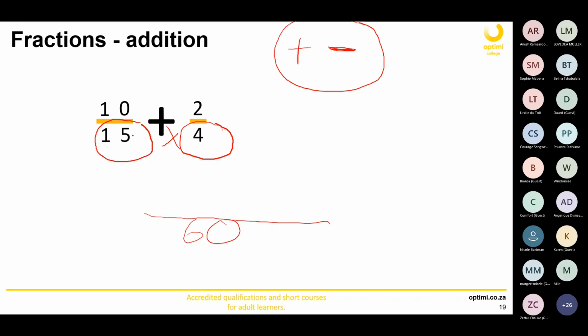And now I simply say at the bottom I multiplied by 4, so multiply by 4 at the top. 10 times 4 is 40. At the bottom I multiplied by 15, so multiply 2 by 15 is 30. And now what you're going to say, 40 plus 30 is 70 over 60.